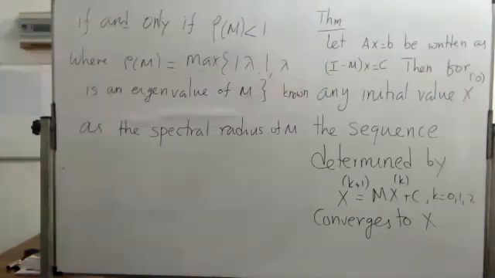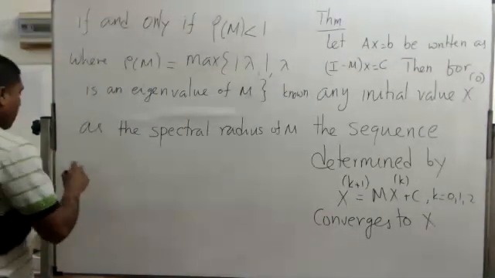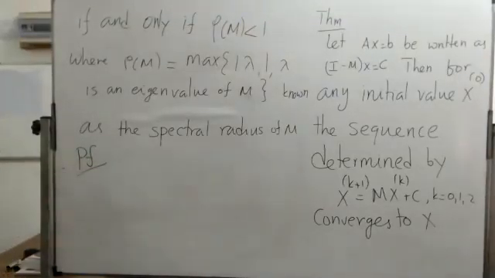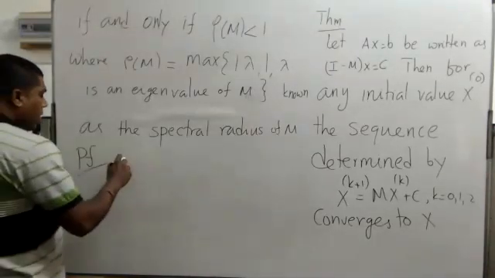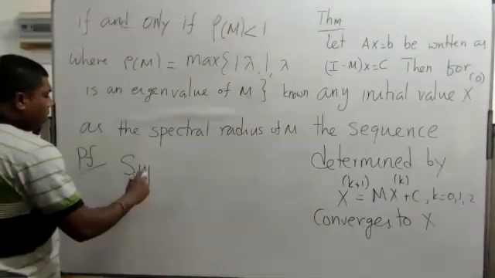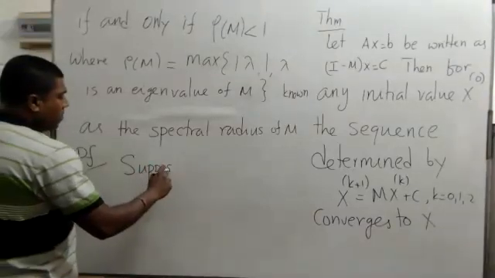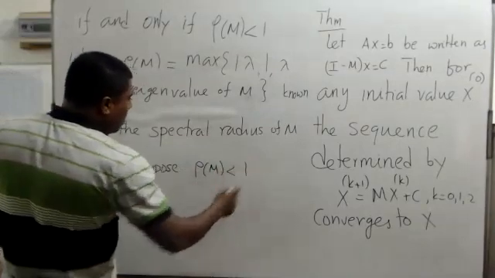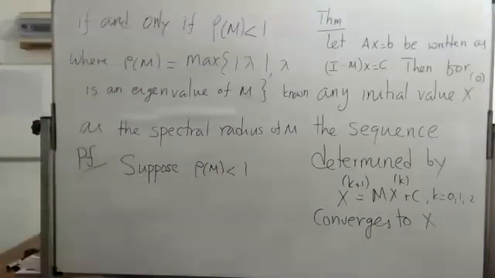So we shall prove this. It is an if and only if proof. If the spectral radius is less than 1, then we have to show that the sequence converges. And if the sequence converges, then we have to show that the spectral radius is less than 1. First assume that the spectral radius rho of M is less than 1.